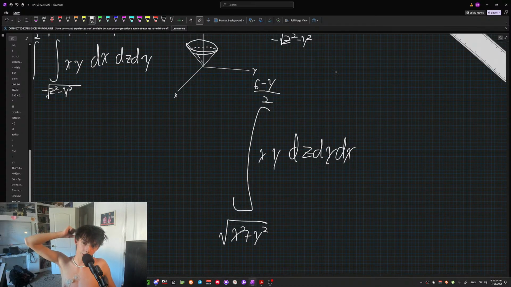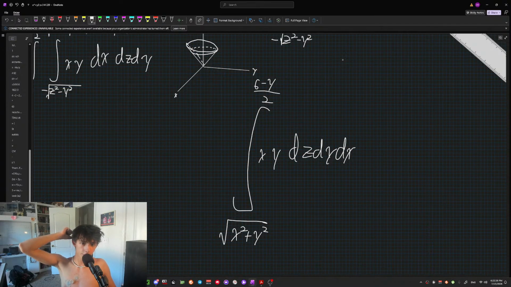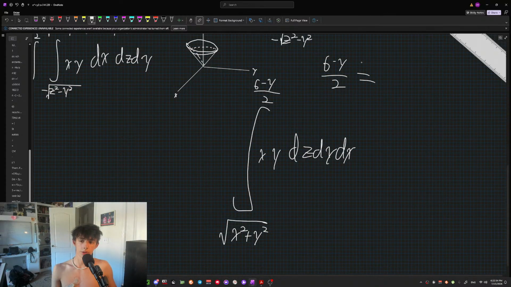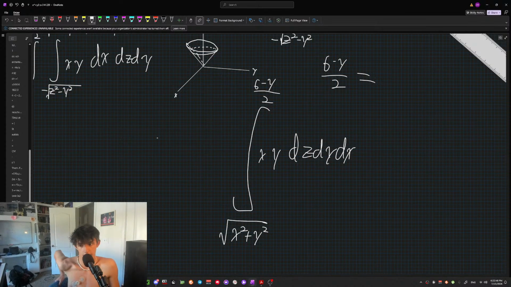Okay. So we need y solely in terms of x, and that's 100% doable. We have 6 minus y over 2, that equals y. This is definitely tricky for sure. So it is 6 minus y squared.